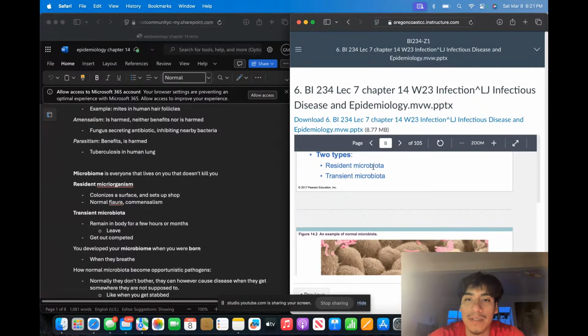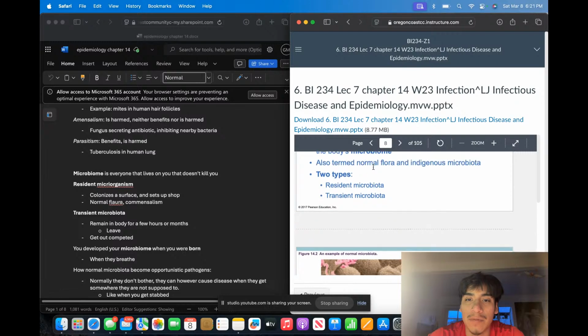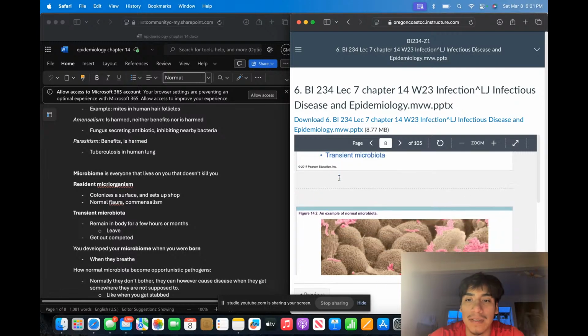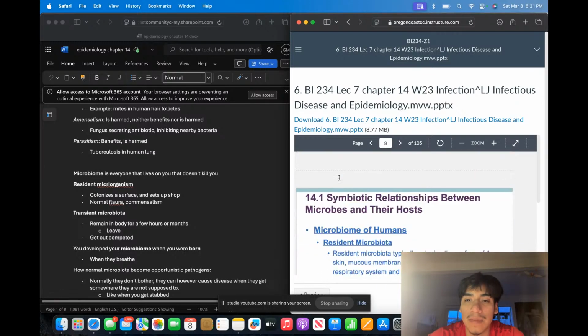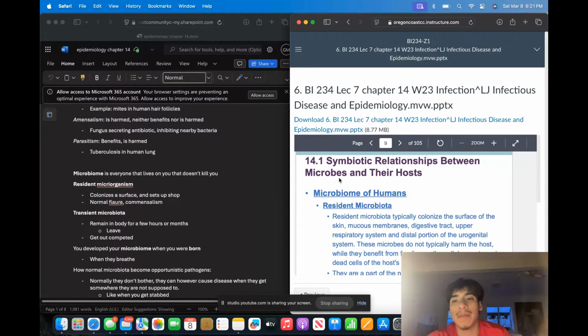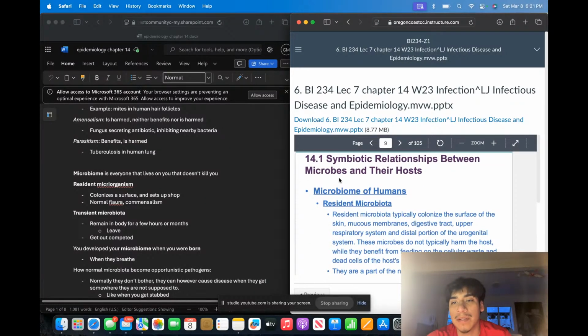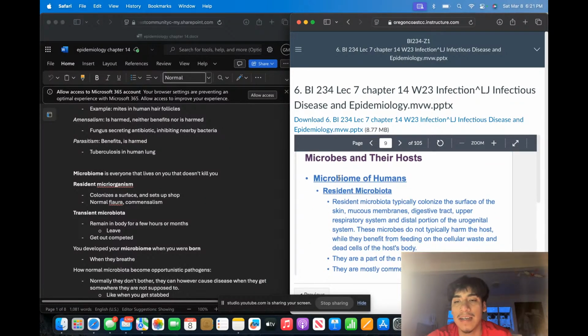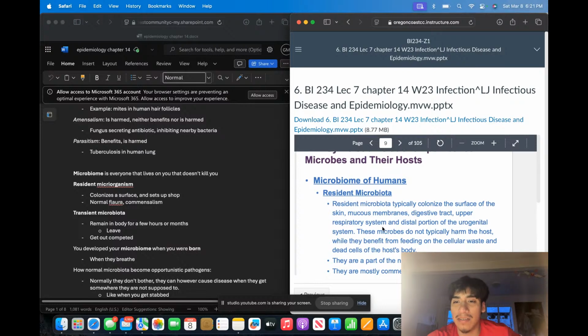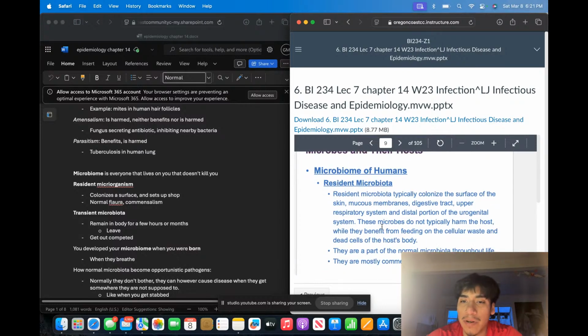There are two types of microbiota: resident type and transient type. Resident microbiota typically colonize the surface of the skin and basically all surfaces. These microbiota do not typically harm the host while they benefit from feeding on cellular waste.